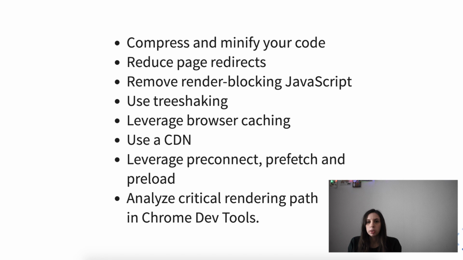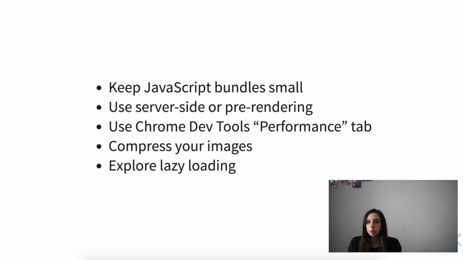Analyze your critical rendering path performance for additional opportunities in Chrome DevTools. Compress your images and experiment with quality settings. Explore lazy loading. Keep JavaScript bundles small, especially for mobile devices. Small bundles improve speed, lower memory usage, and reduce CPU costs.